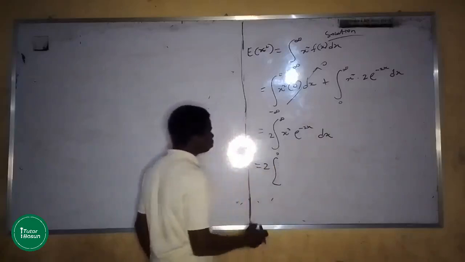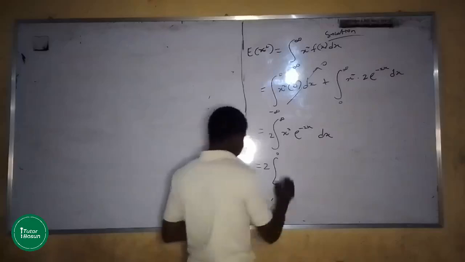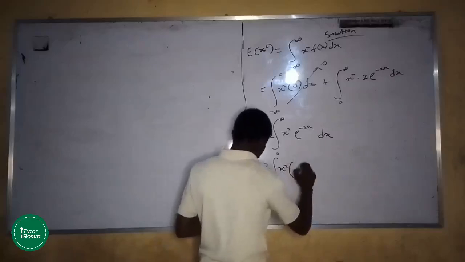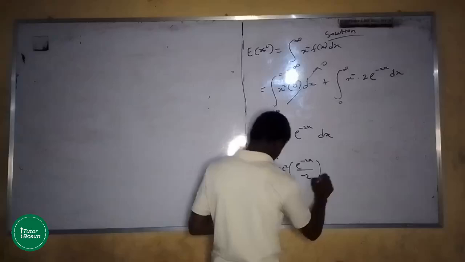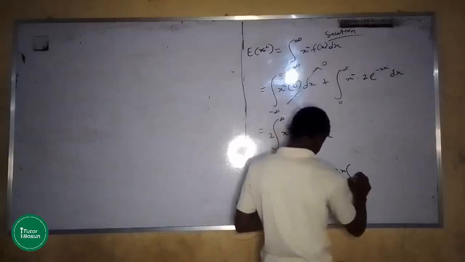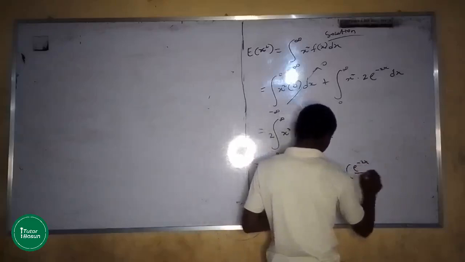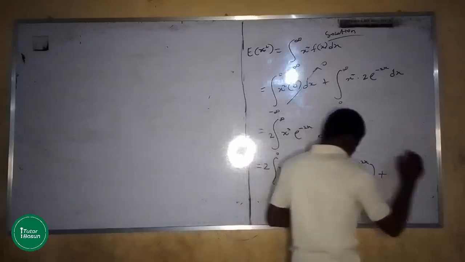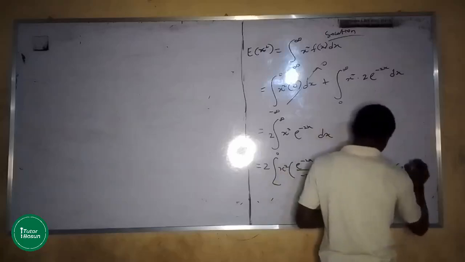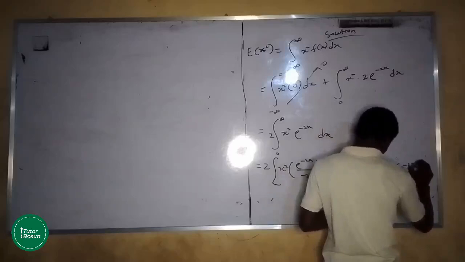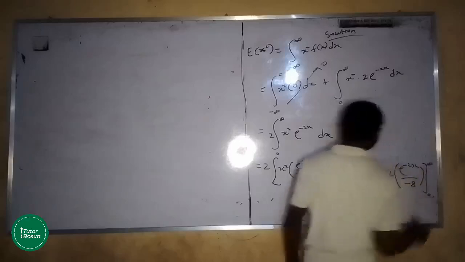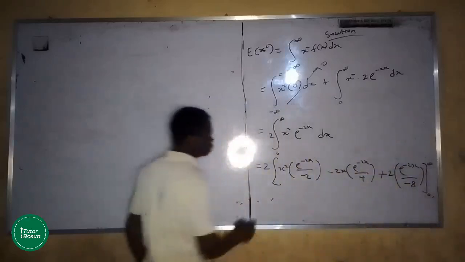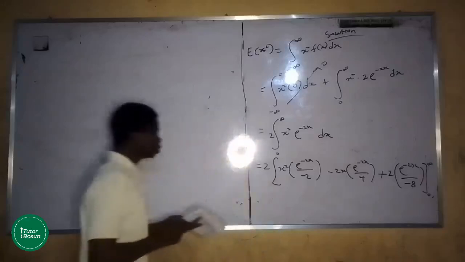If you do this very well by integration by parts, you get x squared into exponential minus 2x over minus 2, minus 2x into exponential minus 2x over 4, plus 2 into exponential minus 2x over minus 8, from 0 to infinity. So we can now introduce our boundary condition.